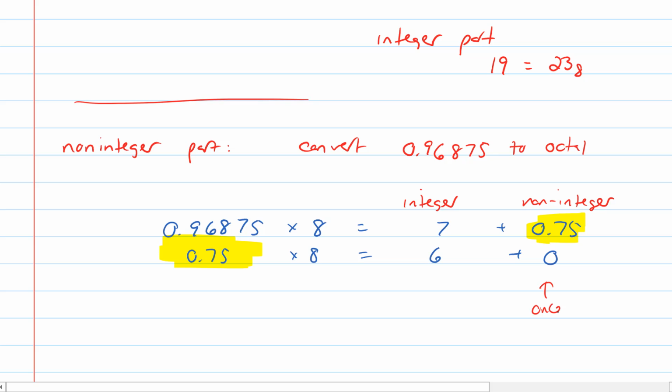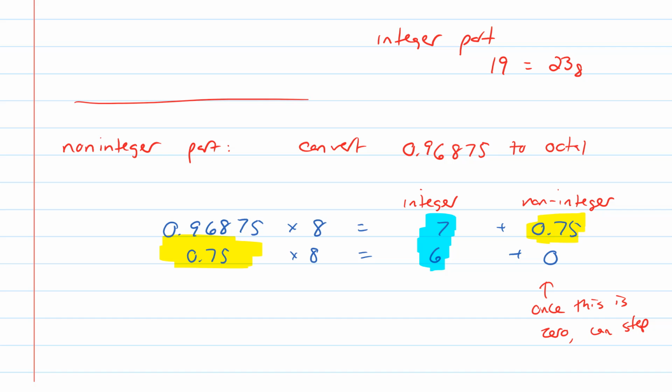And once this is 0, you can stop. And what we end up looking at is the integer part here, and the direction we're interested in is going down.